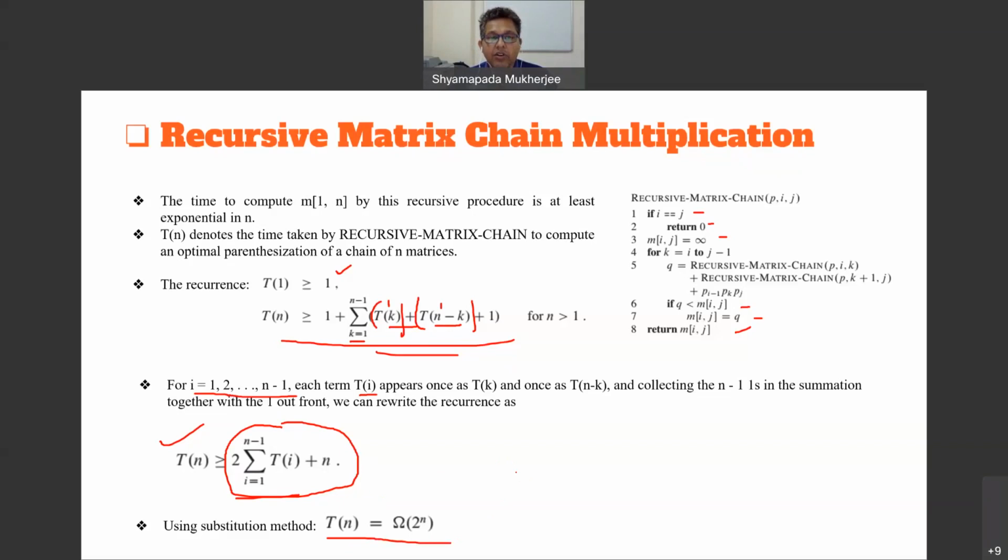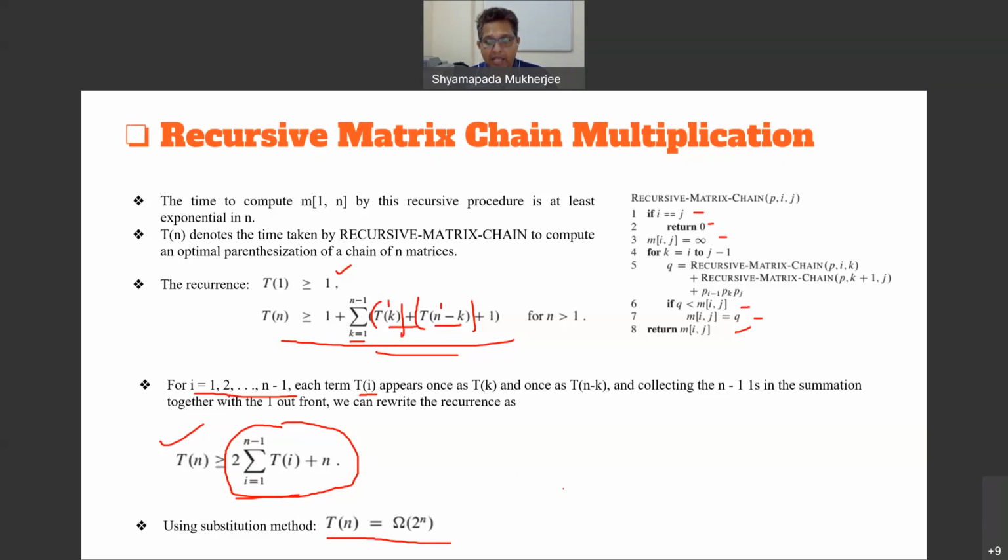We check whether the optimization problem has certain properties, like optimal substructure and overlapping subproblems. If these two appear, then we can go for a dynamic programming solution instead of the plain recursive matrix multiplication.